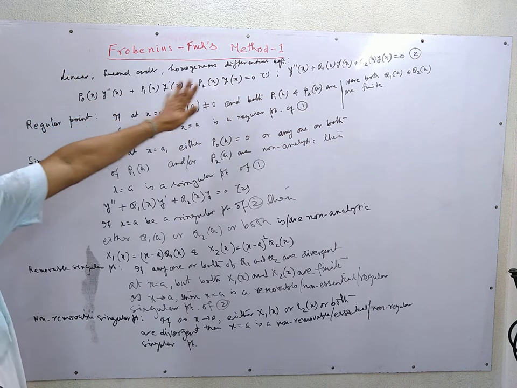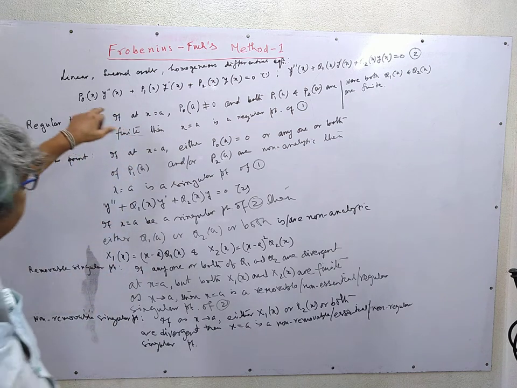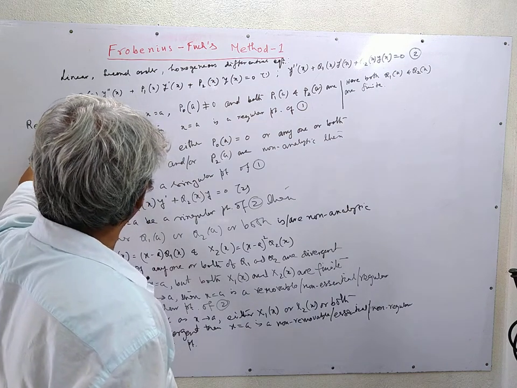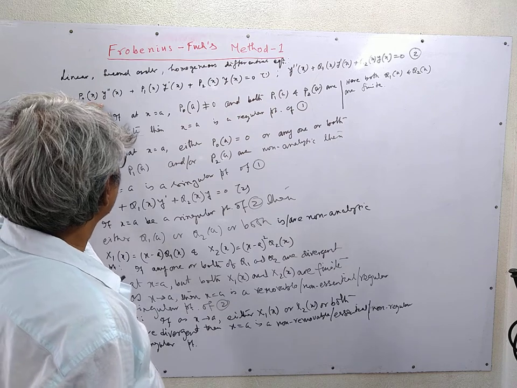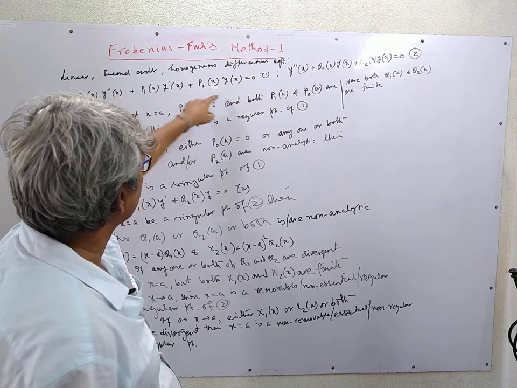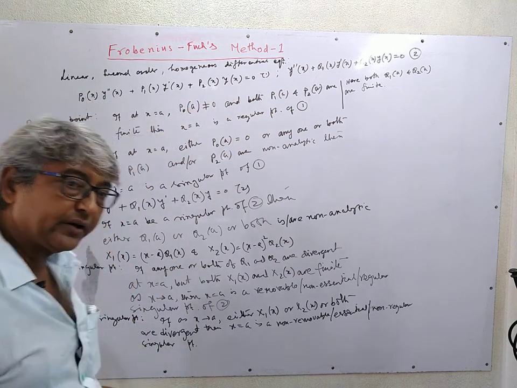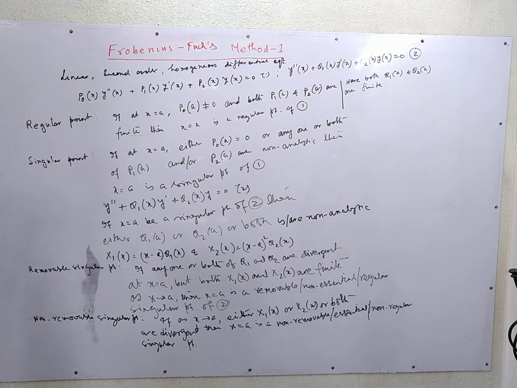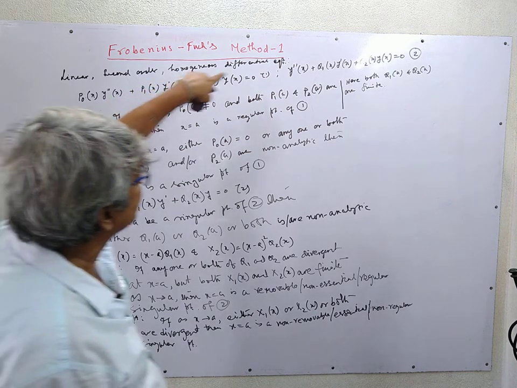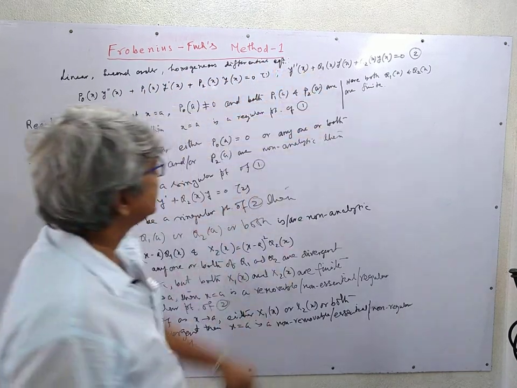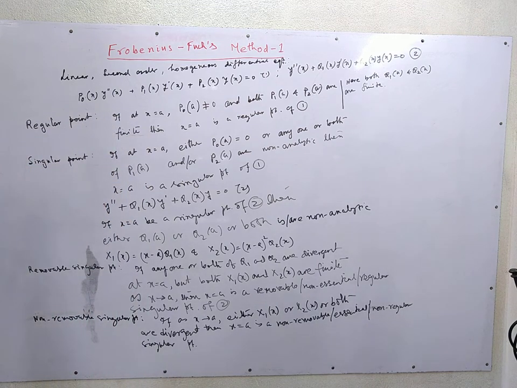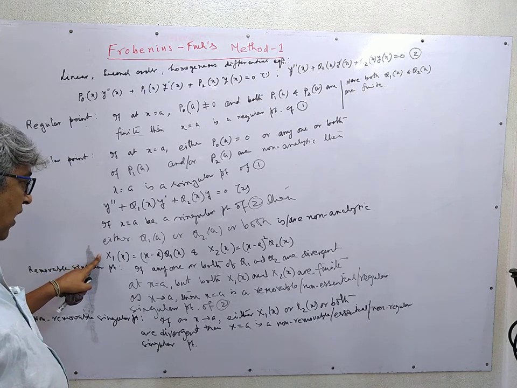If P0 at A is not 0 and these both are finite at that point, then it is a regular point. If any one of these three conditions is violated, then we go to the singular point. Once we come to singular point, we write the equation in this form. Then at singular point, either q1 or q2 will diverge. Then we go to the x functions and see what happens.